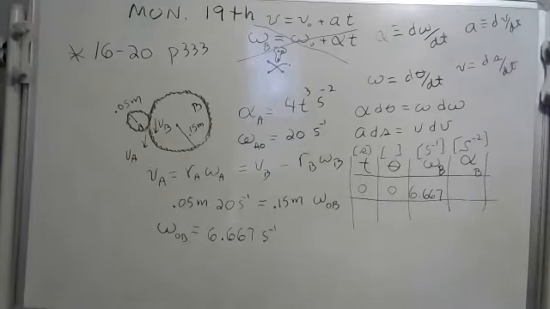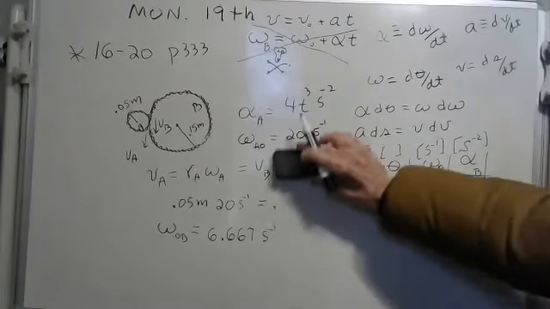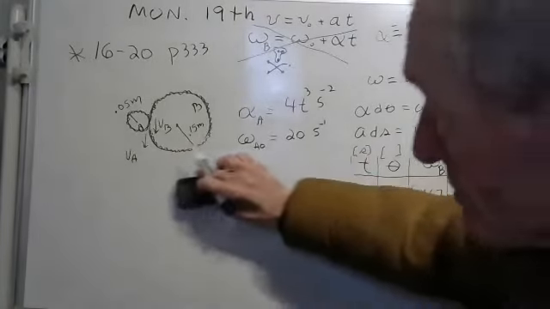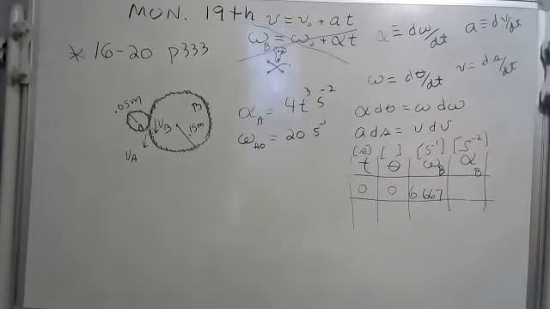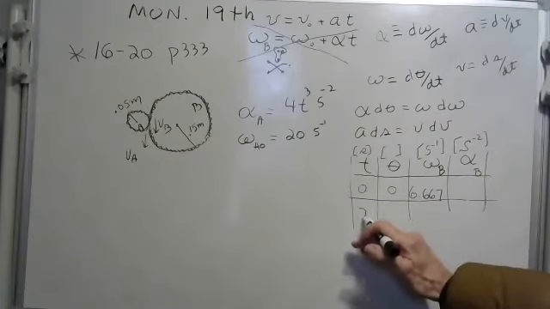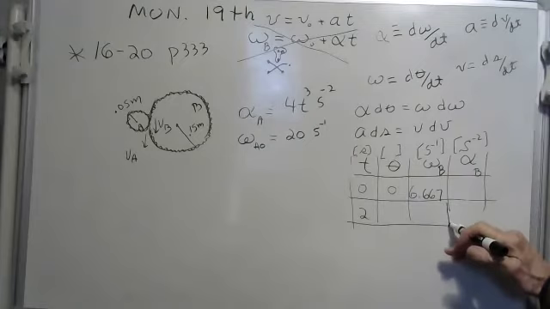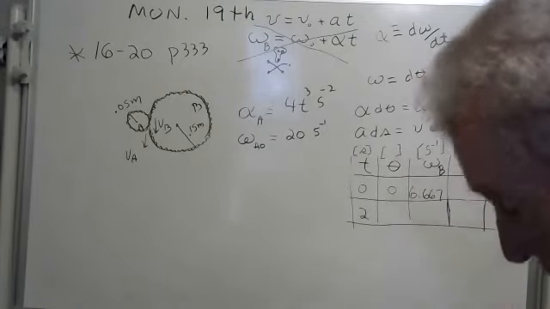Let me make a little room here. I need some room. I was going to fill in this box here. See, they want the answer for when t is 2 seconds, I think. Isn't that what they want? Let me read it. Yeah, that's what they want.